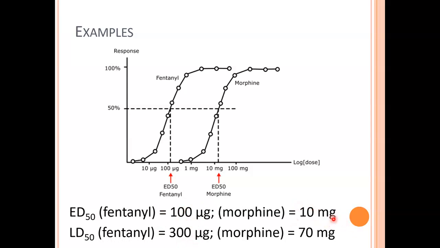Compare that to morphine, 10 milligrams, but then you have to increase up to 70 to kill half your population. So morphine is just a lot safer because of the distance between these two. Like 60 milligrams is a huge difference, whereas 200 micrograms is an incredibly narrow difference in dosage to go from it works to you're dead.